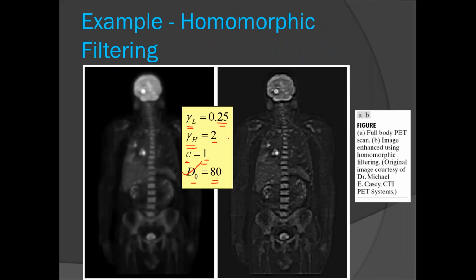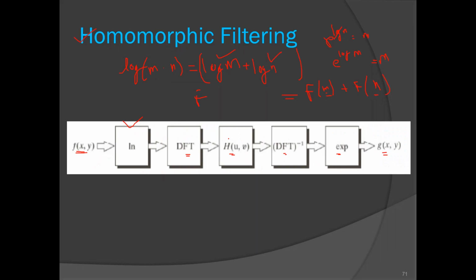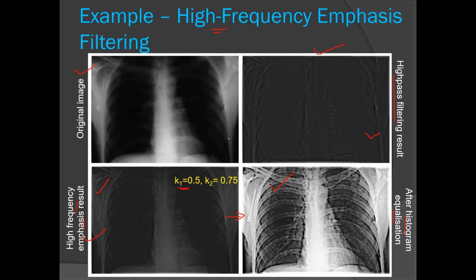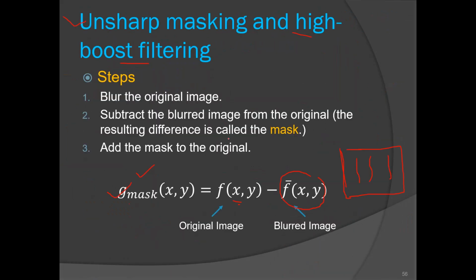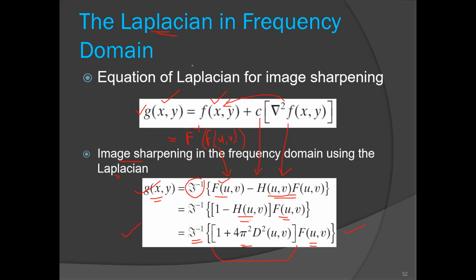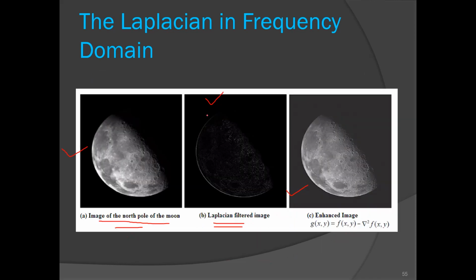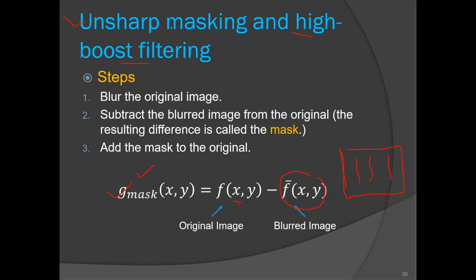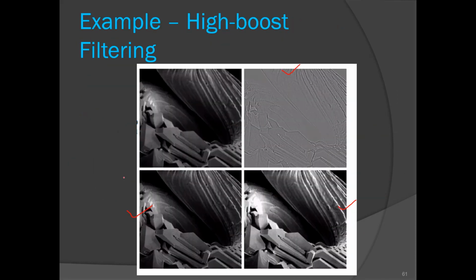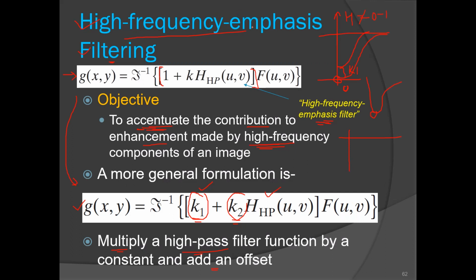Today we have seen Laplacian filtering in the frequency domain. Let us revise quickly. We have seen the Laplacian in the frequency domain. Then we have seen unsharp masking and high-boost filtering in the frequency domain. Then we have seen its variant, known as high frequency emphasis, where we introduced K1 and K2, which gives us more control over the processing.